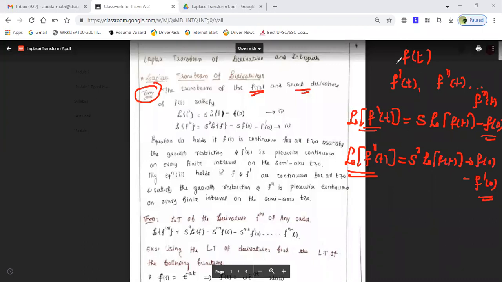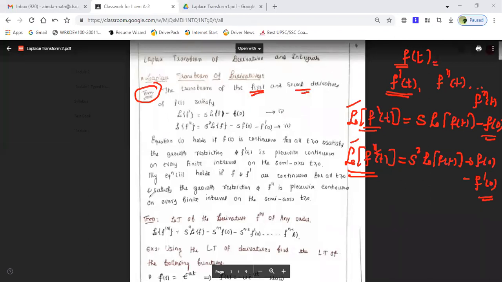Clearly, f of t is a continuous function for all t greater than or equal to 0 and it satisfies the exponential order. Similarly, f dash of t is also piecewise continuous with exponential order, and f double dash is also piecewise continuous and satisfies the exponential order. Then only can we find the Laplace transform. That's what this theorem talks about.